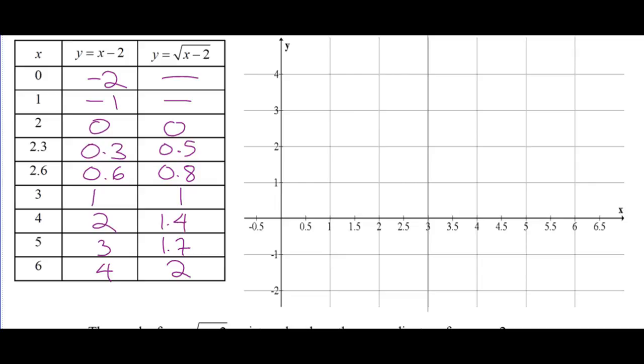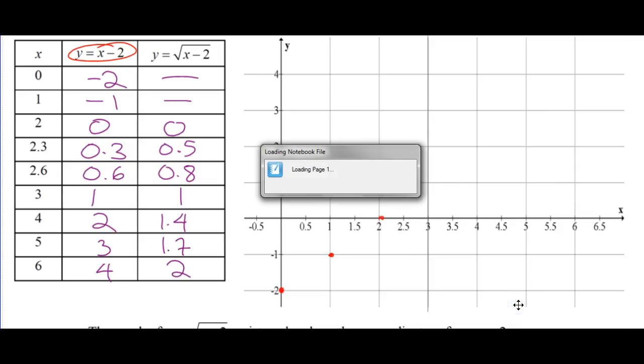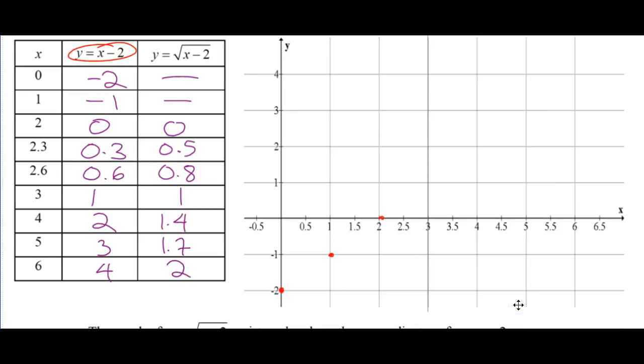And so let's graph the original function. We'll do this one in red. Y equals x minus 2. So we have 0, negative 2. Okay, so if I'm doing points, if it's a straight line, I like to draw all the points I can.